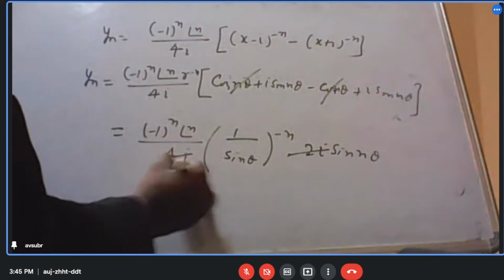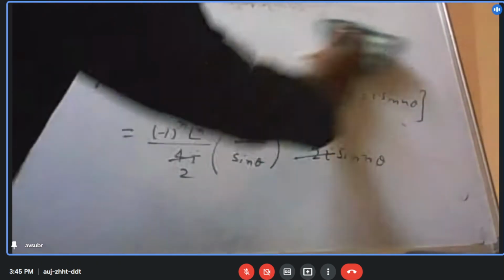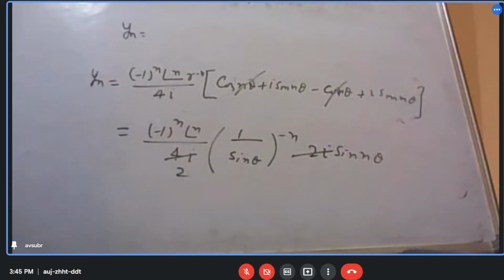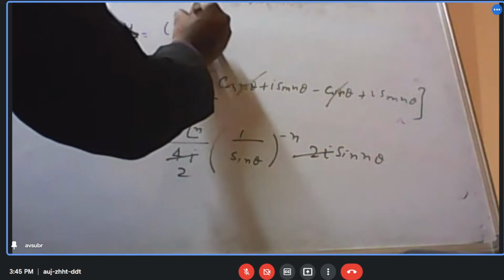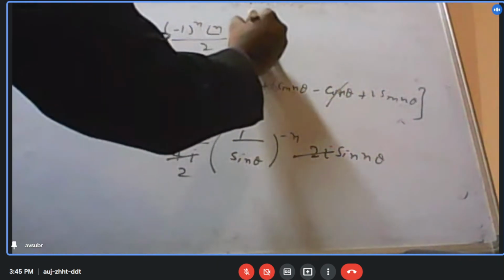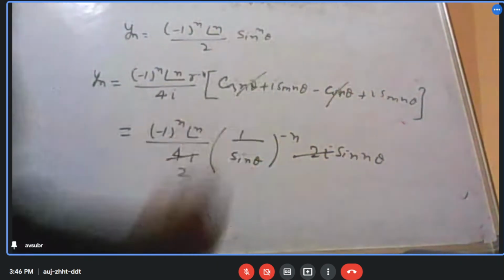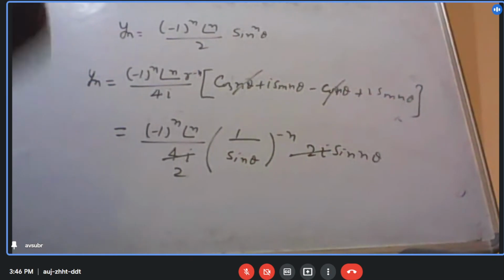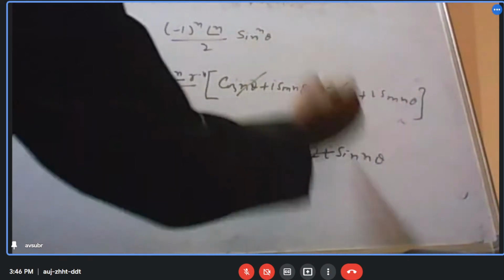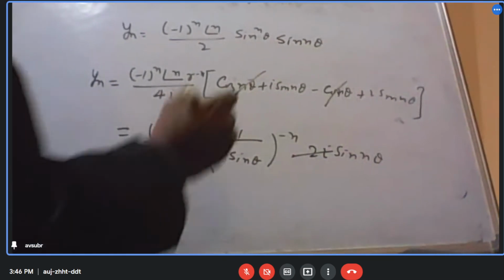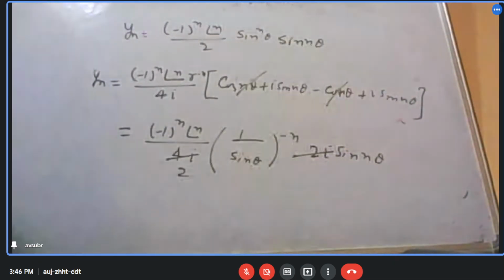So from here it will be 2, and upon simplification we will get the n-th derivative is equal to (-1)^n factorial n by 2, sin^n theta, sin n theta, this whole thing.